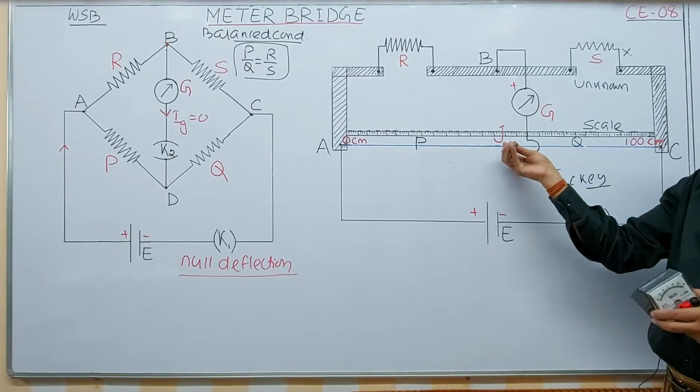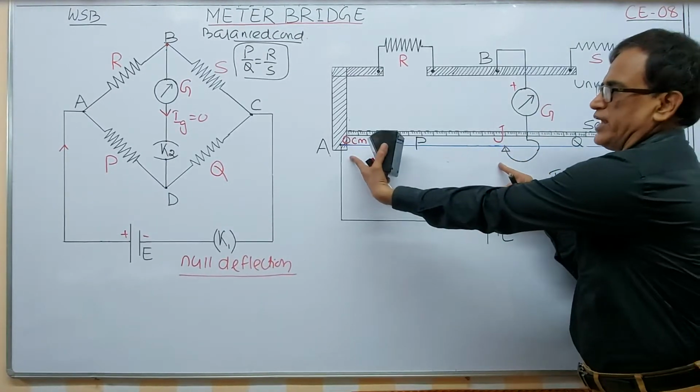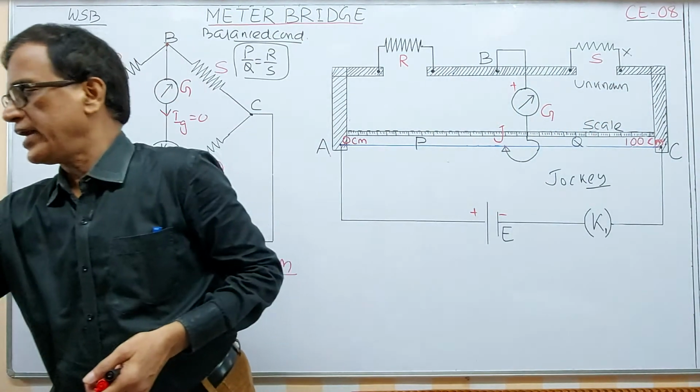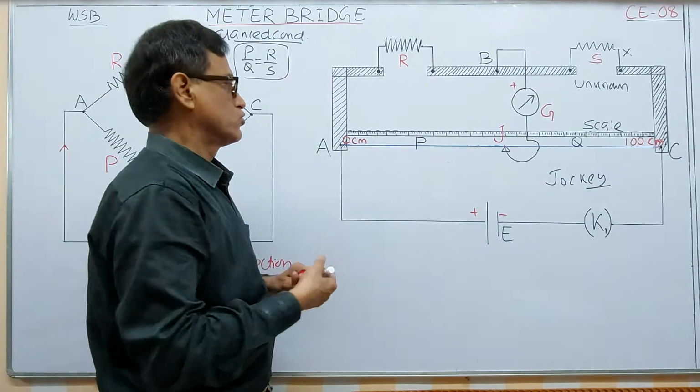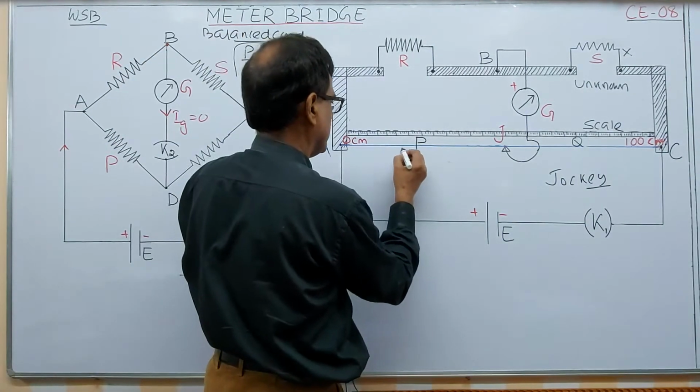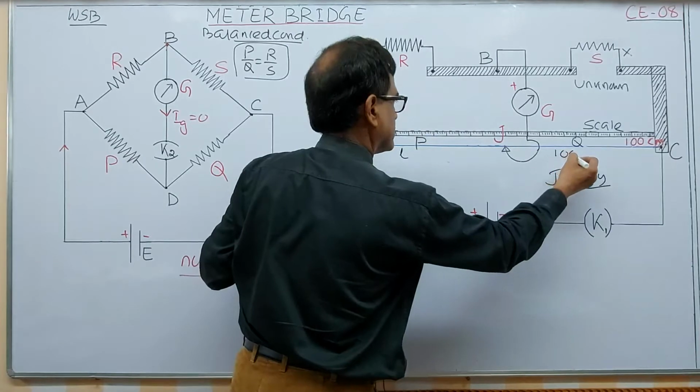Galvanometer shows the zero deflection. That means to left certain length is there, to right certain length is there.